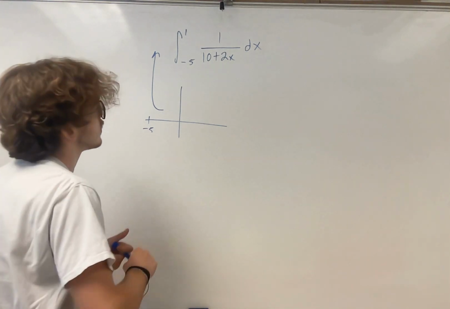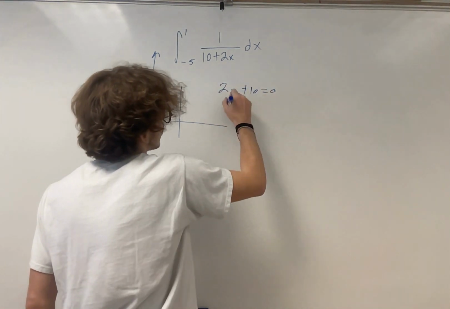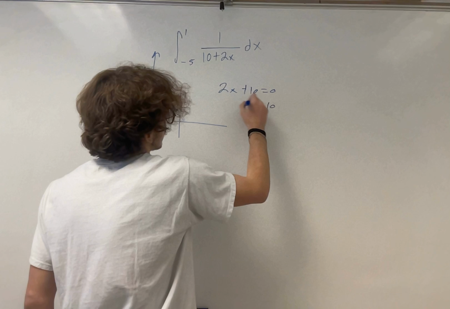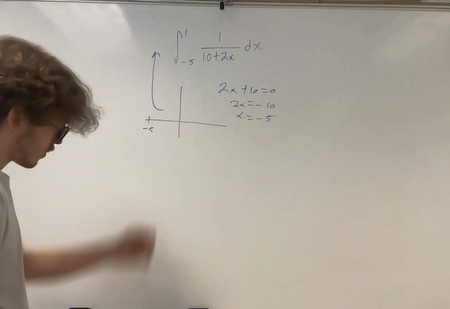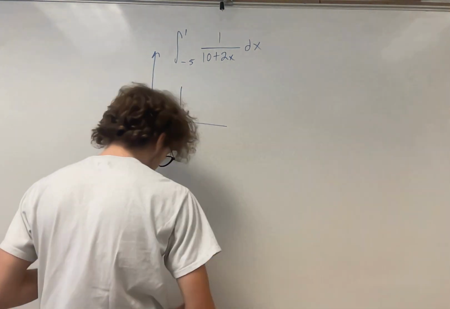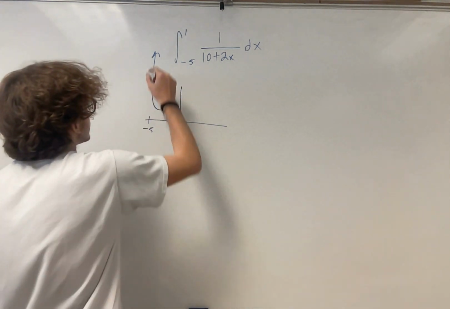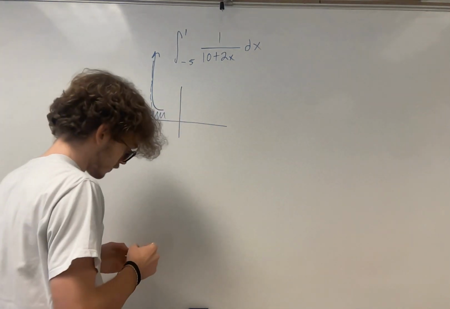I'll just go through it quick. Plus 10 equals 0, subtract it over, x is equal to -5, right? So there's a vertical asymptote there. That means that the area in this section is going to be infinite.